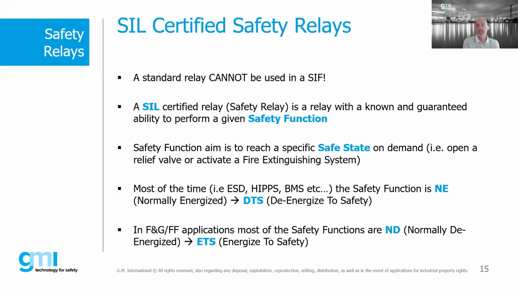That is called ESD, IPS, BMS application, like emergency shutdown systems, mainly the focus for this function. The other way around, you have a fire and gas application where the safety function is normally de-energized, so the contact is open. You want energized to safety, so the application is closed on demand. Those are the main applications for a safety relay, and you clearly understand that you cannot use a standard relay for such applications.